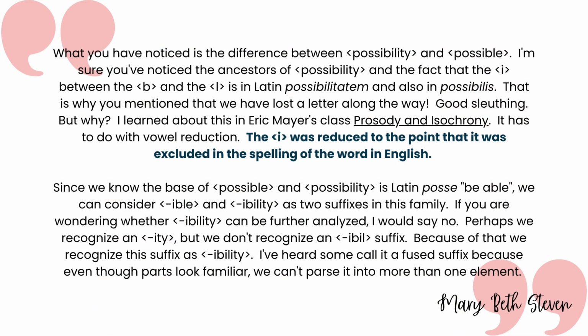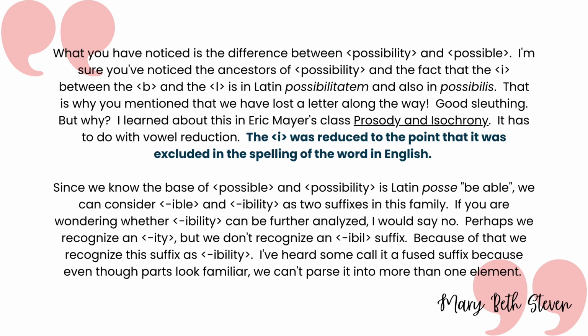After exploring the hot seat word, we reached out to Mary Beth Stephen, who is our resource when it comes to words that we get stuck with. And this is what she had to say about our investigation. What you've noticed is the difference between possibility and possible. I'm sure you've noticed the ancestors of possibility and the fact that the I between the B and the L is in Latin possibilitatum and also in possibilius.